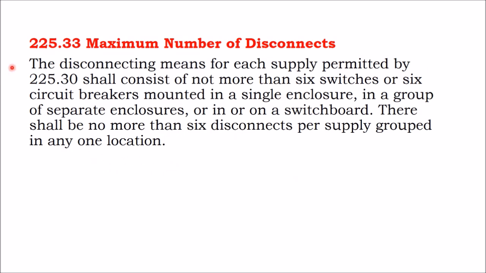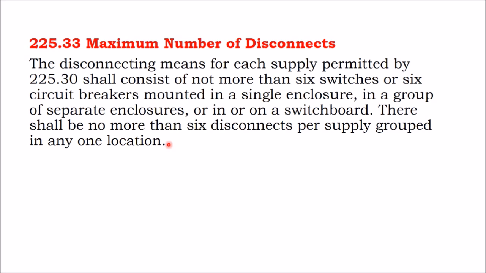So you say, well, wait a minute, how many disconnect switches can I have next to each other? And the rule of thumb is 6. You can have 6 disconnecting means for each supply at each service entrance conductor. And that's interesting.